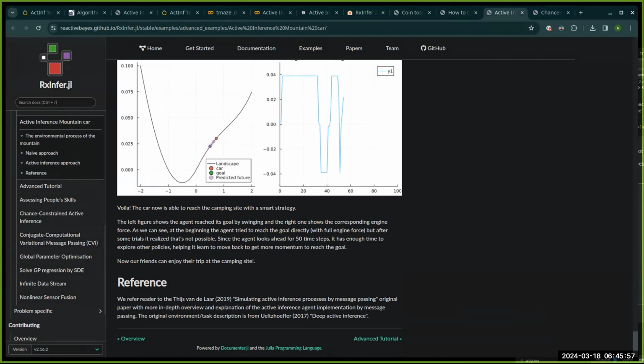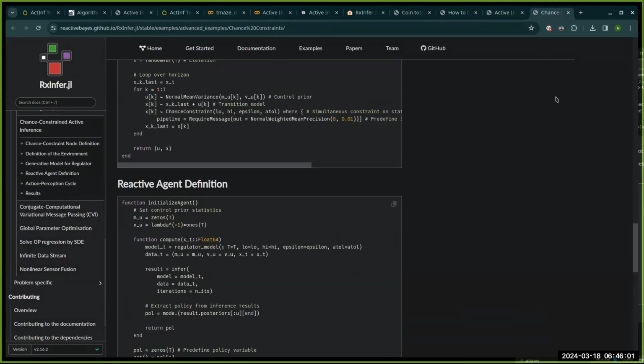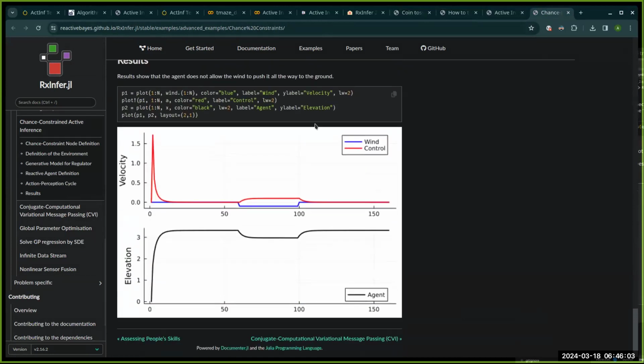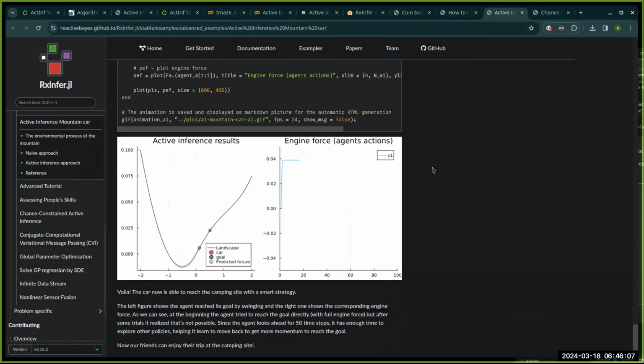Not to mention the RxInfer package seems to offer some capabilities beyond what other methods allow for. So we were able to look more at continuous time models, which are in certain ways more mathematically involved, with all the integrations and so on. So this is a nice example here.